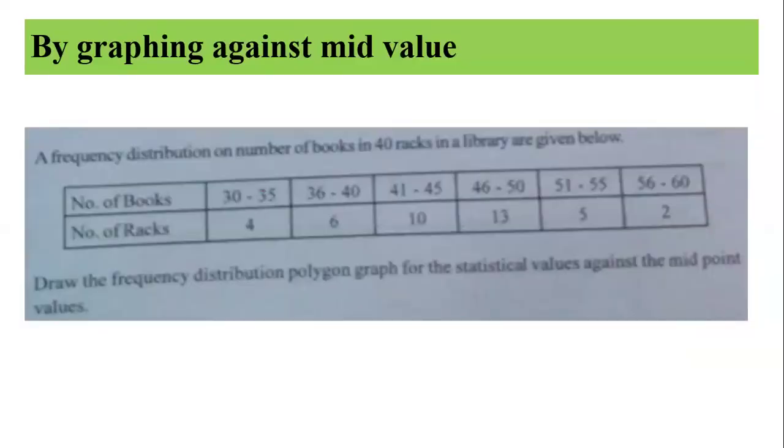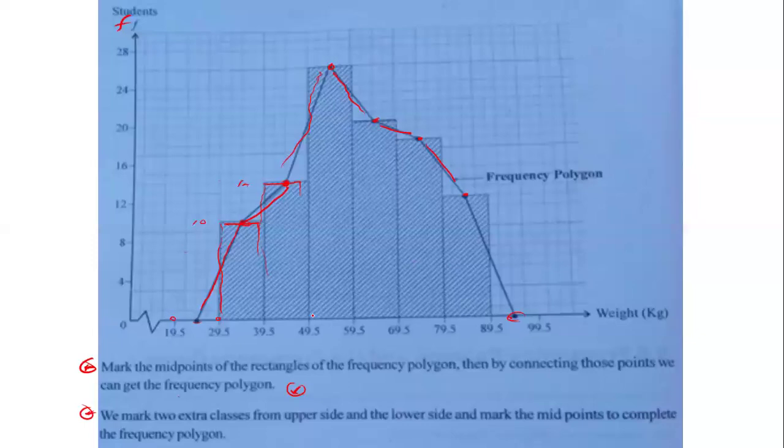Frequency distribution on the number of books in 40 racks in a library is given below. 30 to 35, 36 to 40, like this. Draw the frequency distribution polygon graph for statistical values against midpoint value. Previously we prepared how?